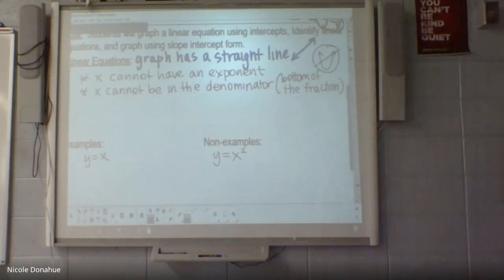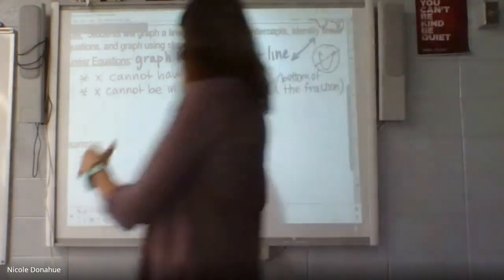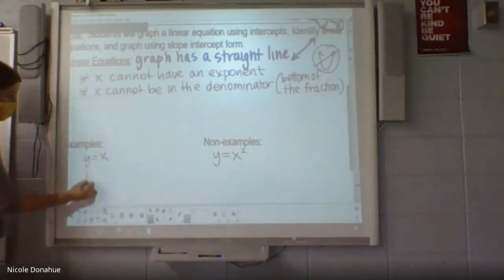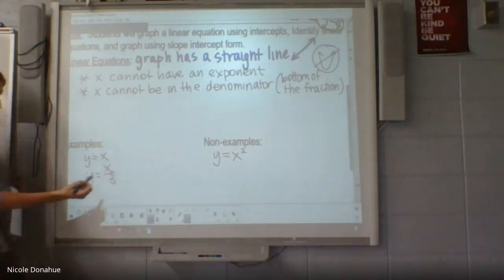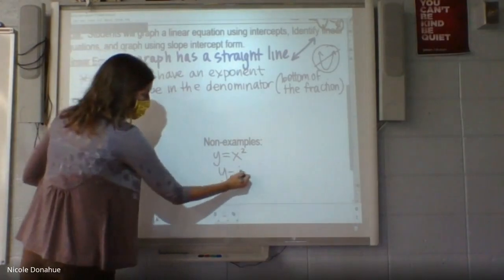Now it's okay for x to be in the top of the fraction, but not the bottom. The minute it goes into the bottom, it's no longer a linear equation. So y equals x over 3 is okay, but y equals 3 over x is not.